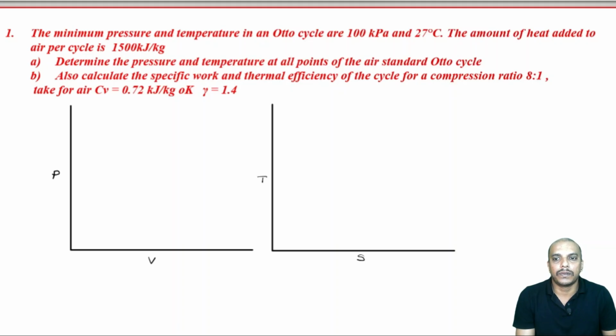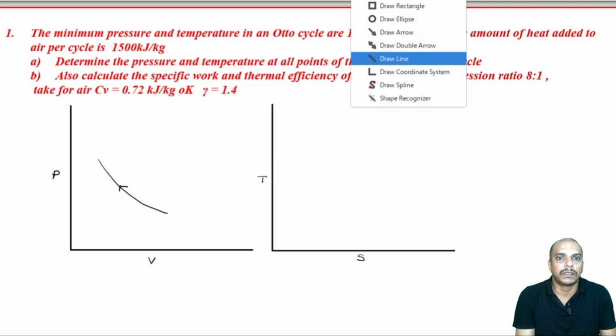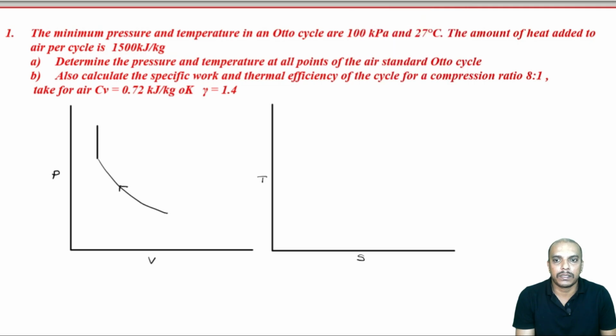So, we have a reversible adiabatic compression, then constant volume heat addition, and then constant volume heat rejection and reversible adiabatic expansion.